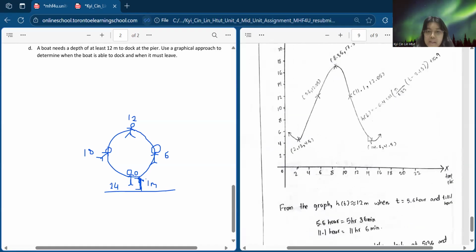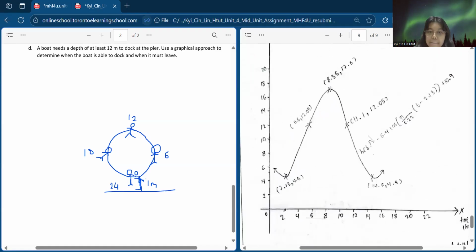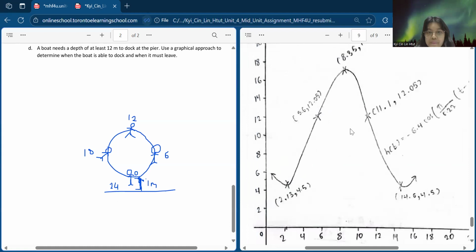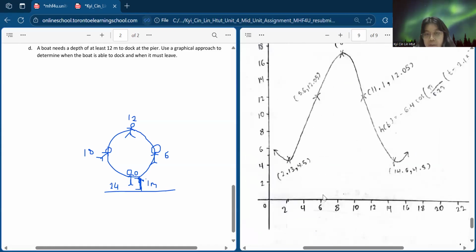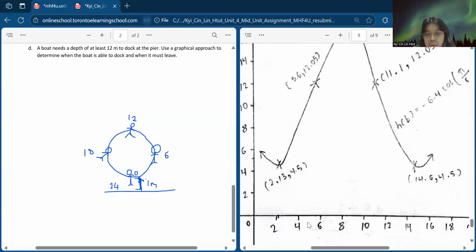Here we can see that, okay, let's zoom in. It's a little bit over 12 when the time is 5.6 hours. Because this is 5, and then this is half of 5, so this would be 5.6 hours, and if we go up, there it is.